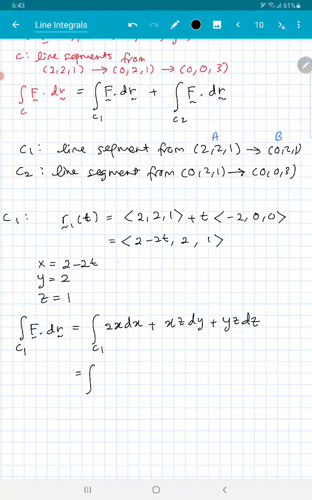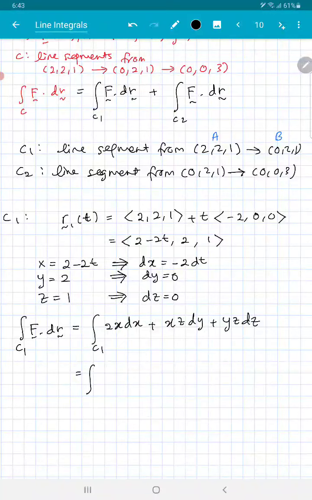If x is equal to 2 minus 2t, from there we can get dx. This is equal to negative 2 dt. And if y is 2, then dy is 0. And when z is 1, dz is also 0 dt, which is 0.